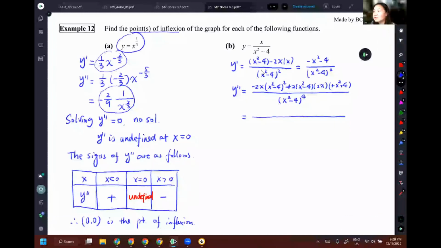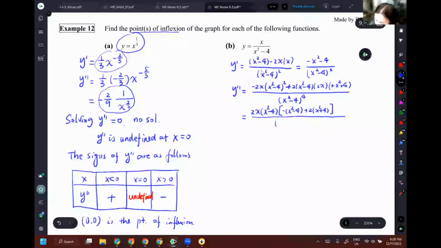And then take out x squared minus 4 and 2x. So 2x, x squared minus 4, leaving me negative x squared minus 4. And then 2x is minus 4 plus 2x squared plus 4. And x squared minus 4 to the power 4.